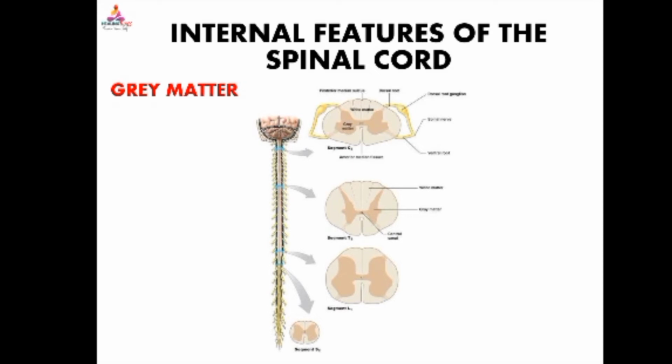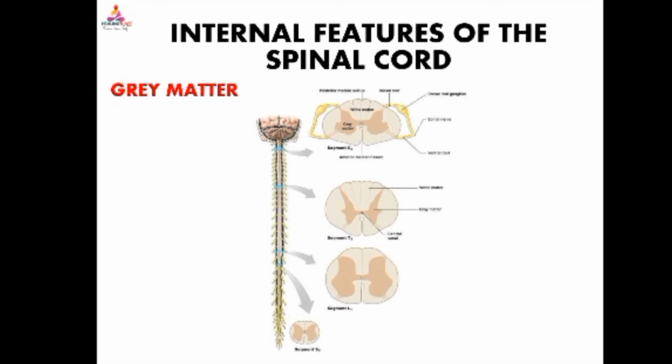The amount of gray matter, the shapes of its horns, and the amount of white matter vary at different levels. The amount of gray matter seen at a particular level correlates well with the mass of tissue it supplies.